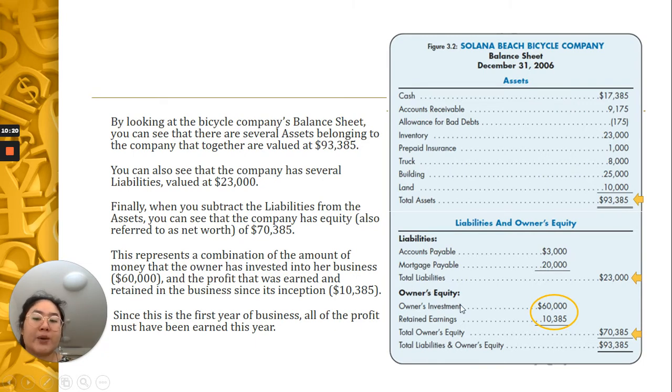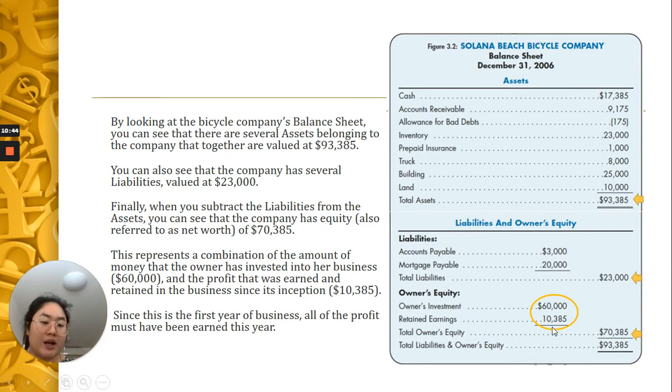When you subtract the liability from the assets, you get the company's equity, or the owner's equity. As I said on the last slide, owner equity can come from two sources: owner investment and retained earnings.